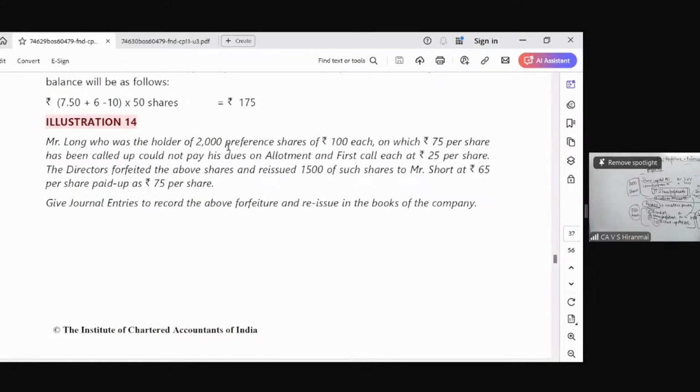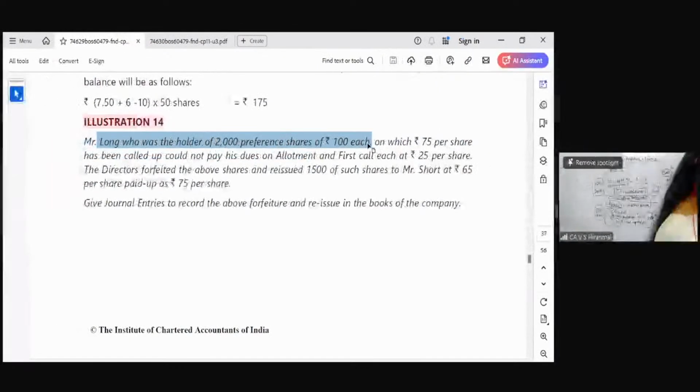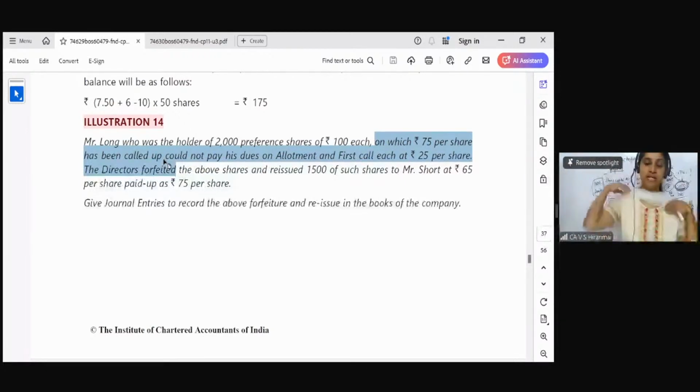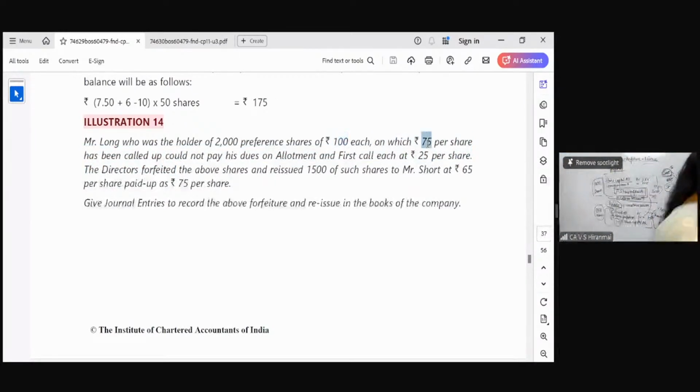Mr. Long, who was the holder of 2000 preference shares of 100 each, on which 75 has been called up. My dear students, I told you the concept here. Whenever you are forfeiting or making a forfeiture entry, the main thing is the face value. So here the face value is actually 100 rupees, correct? But there is a concept of called up value.